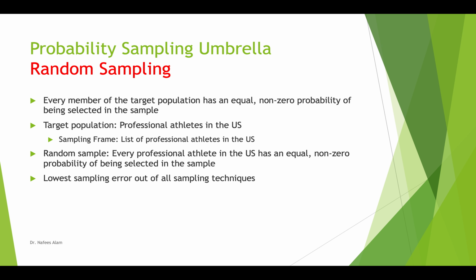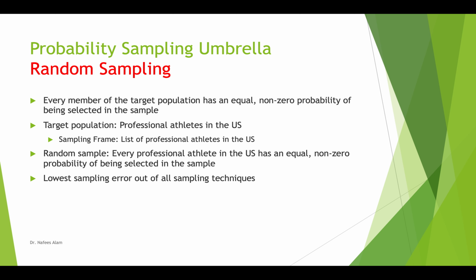So first, underneath that probability sampling umbrella, we have random sampling. This is where every member of the target population has an equal non-zero probability of being selected in the sample. So in a hypothetical example, I've defined my target population to be professional athletes in the United States, and the sampling frame then would be the list of professional athletes in the United States.